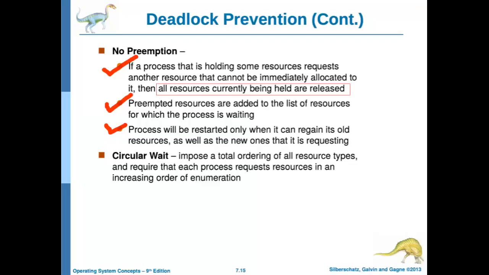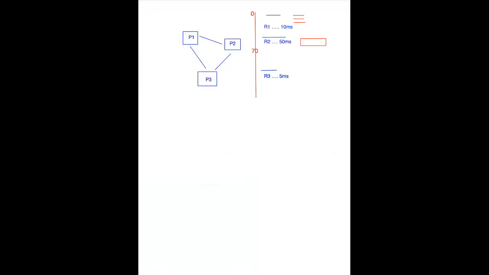And the last one is circular wait. I think I already mentioned it, for example, P1 holds R1 waiting for R2, P2 holds R2 waiting for R1. Let me go back here.